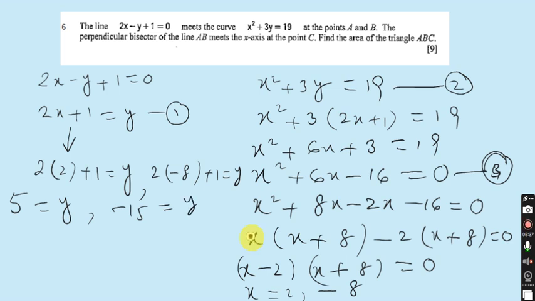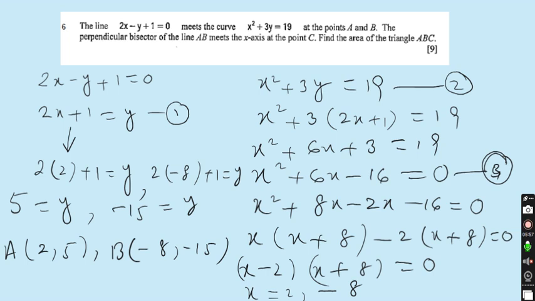This is y. Hence the coordinates of A: when x is 2, then y is 5. Coordinates of B: when x is negative 8, then y is negative 15.